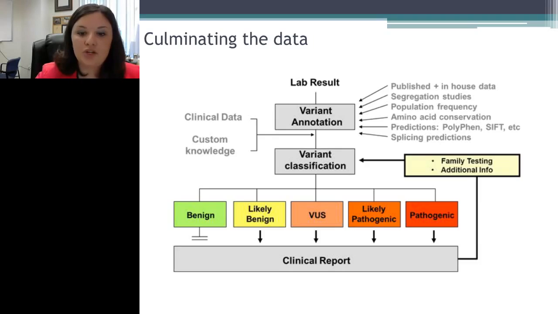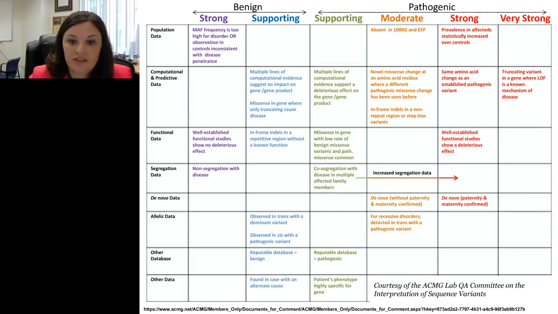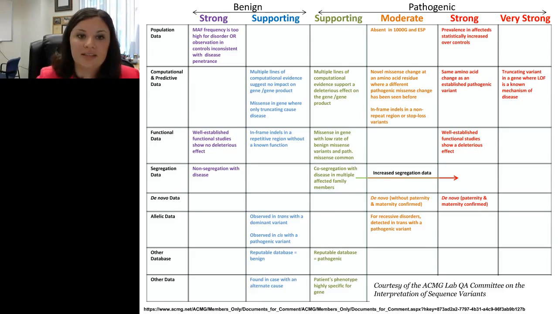And I was going to quickly show today, this is a really exciting figure that has come out of the American College of Medical Genetics and Genomics Lab QA Committee on the interpretation of sequence variants, and I've provided a link at the bottom, below, that everyone can go in. If you are an ACMG member, you can view this content.